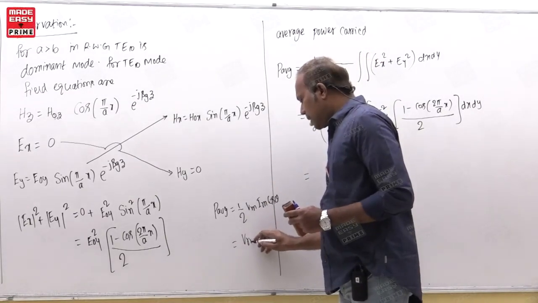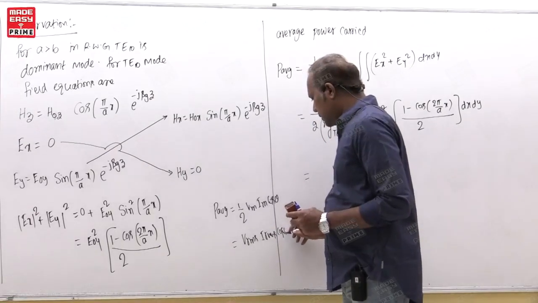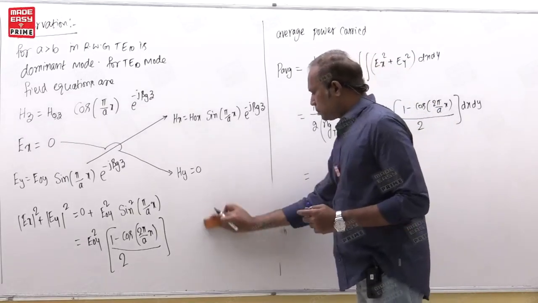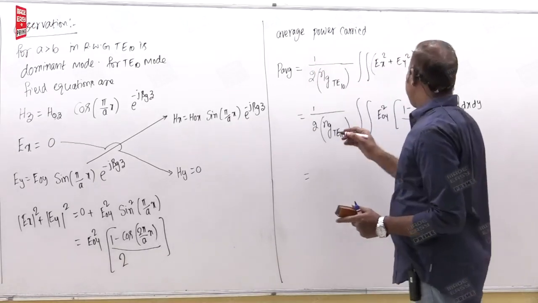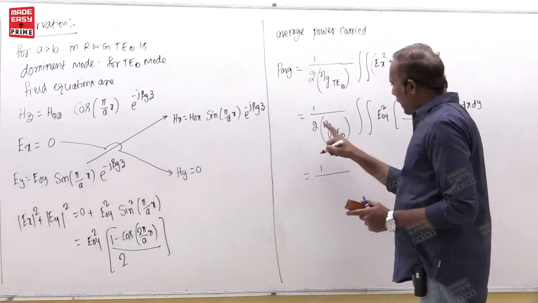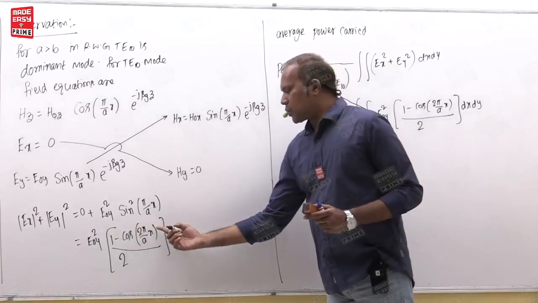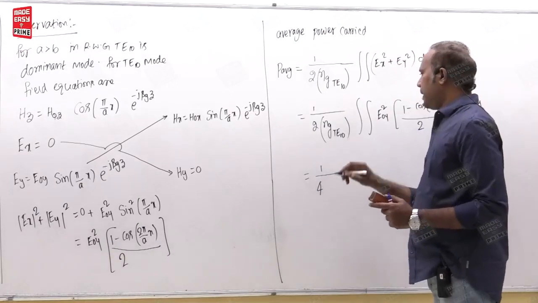If half is not there, then they are Vrms into Irms into cos θ, students. So here the half is already in the formula. Here sin squared becomes (1 minus cos 2θ) by 2, from this again a half came. So in total 1 by 4 came here.